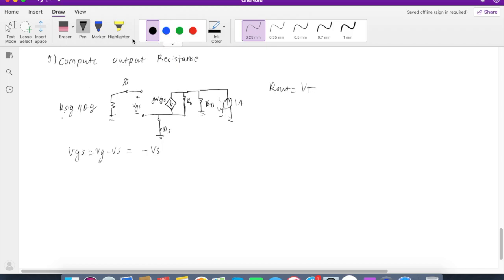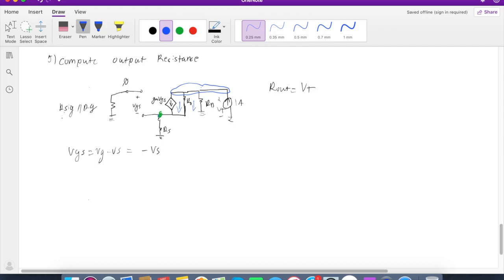Now, just like the voltage gain, all we're going to do is a KCL across this node right here and a KCL at this node. We'll actually label this in green just to make it pop out more. So once we perform our KCLs, we see all the currents are going down.